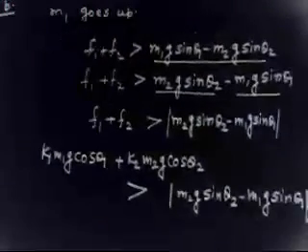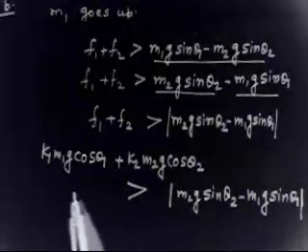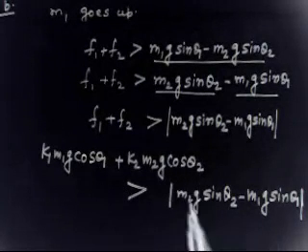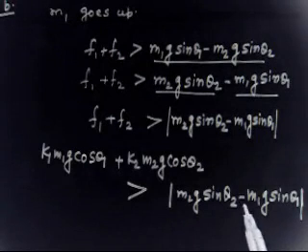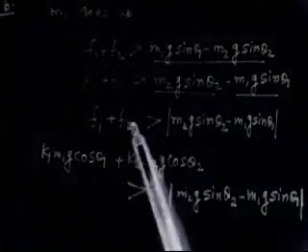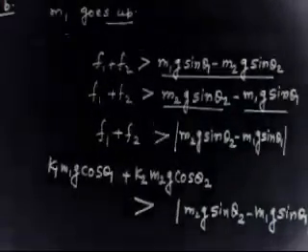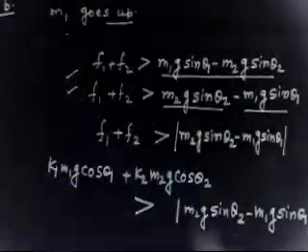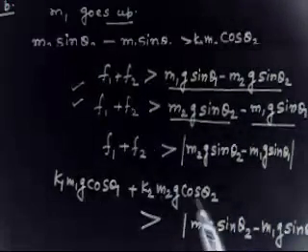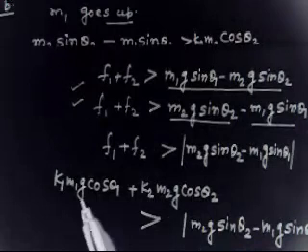Either I have to prove this condition, that k1 m1 g cos theta 1 plus k2 m2 g cos theta 2 should be greater than the mod of this, or you can use these two conditions. If you use this condition and this condition, then finally you can get the result. You can also use this condition, only thing is you have to take minus and then use the inequality. So either use these two conditions where f1 is this, f2 is this. So let me write f1 plus f2.